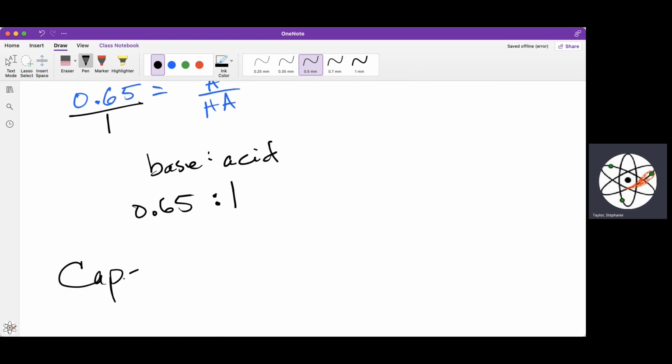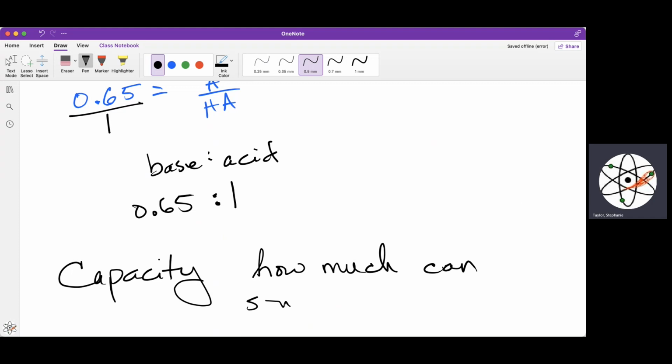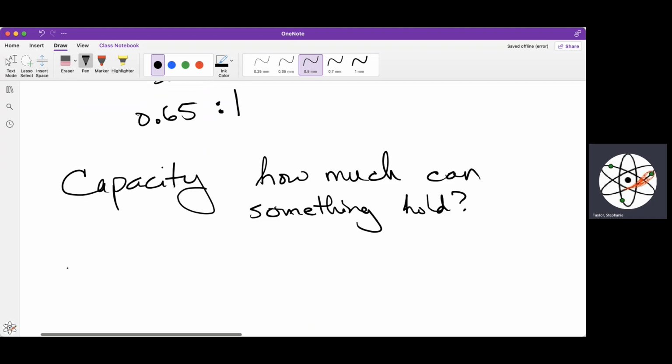So when we talk about the word capacity, realize that there's a lot of ways to talk about capacity in the English language. Capacity basically means how much can something hold? In my class, I was using something like elevators or rooms.